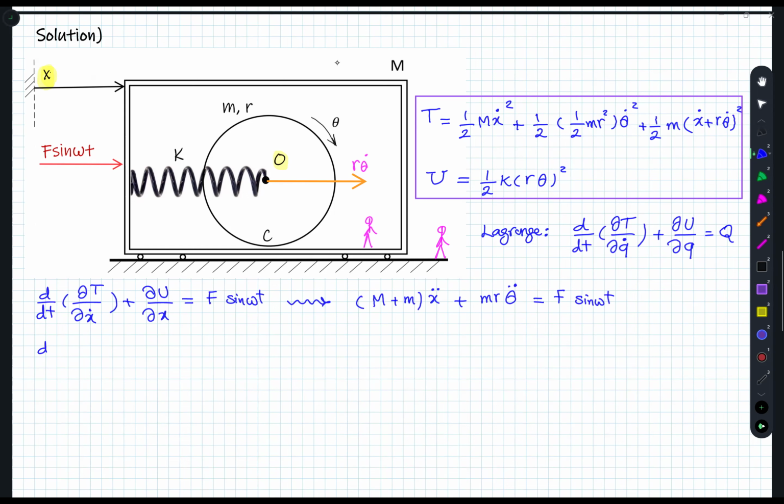And we repeat the same process for theta. Remember, we are doing the derivative with respect to these particular variables, and you should be comfortable doing that.